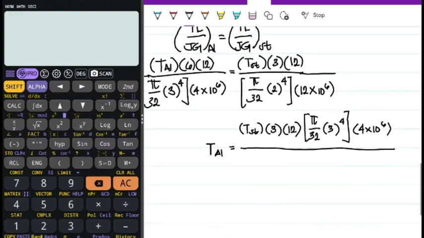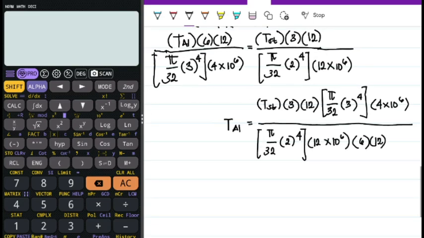Multiply that by the denominator of the left hand side, which is pi over 32 times 3 to the fourth power, quantity closed, times 4 times 10 to the power of 6, all over the denominator on the right, multiplied by the numerator on the left.